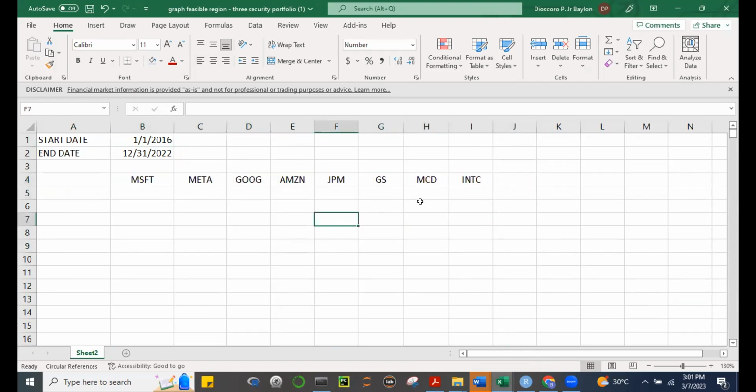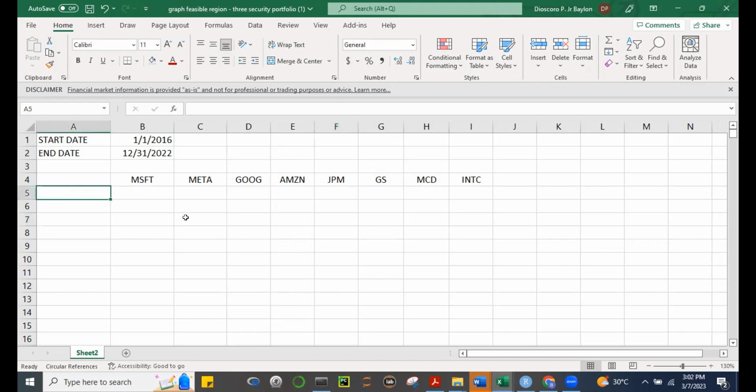The advantage of this one is that you don't have to go to Yahoo Finance, because you experienced before that it was time consuming to go to Yahoo Finance, find the ticker symbol of the stock, and then download it. Here it's directly downloaded to Excel.